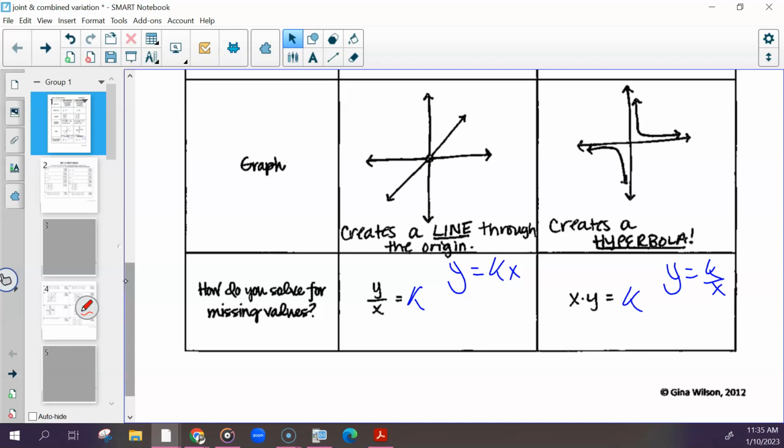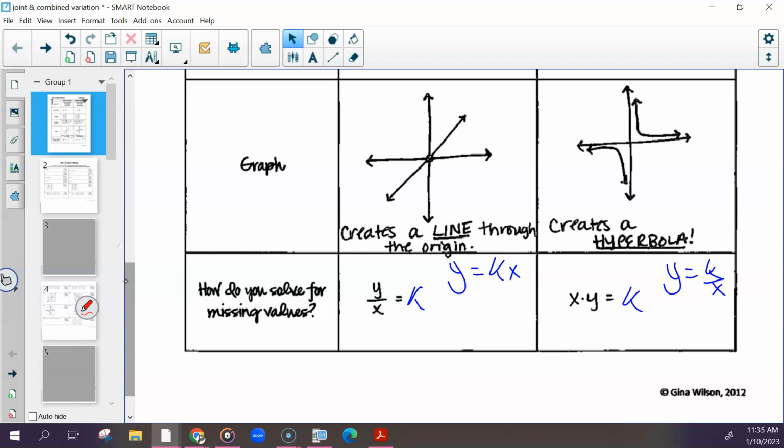And then to solve for missing variables for direct, use your equation to find k, y over x, and then put that in your direct variation equation and solve. And the same thing for inverse. Solve for k, and then put that in and solve. So that's just a quick overview. That way you remember what those are, what they look like, and things like that.